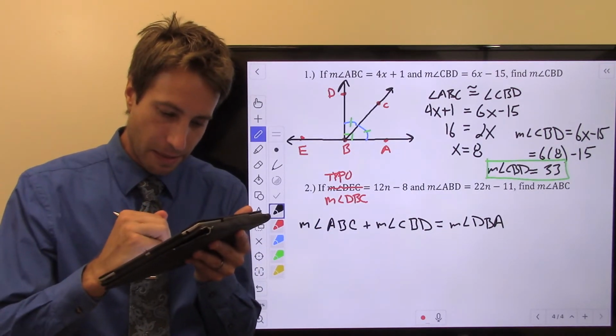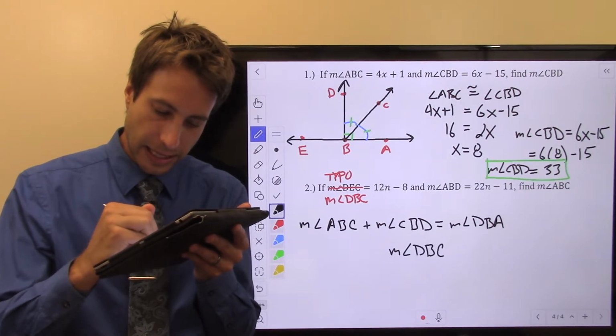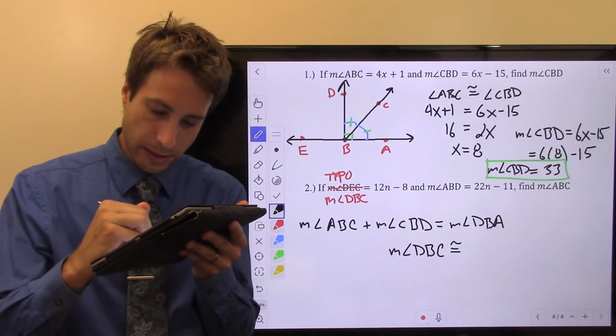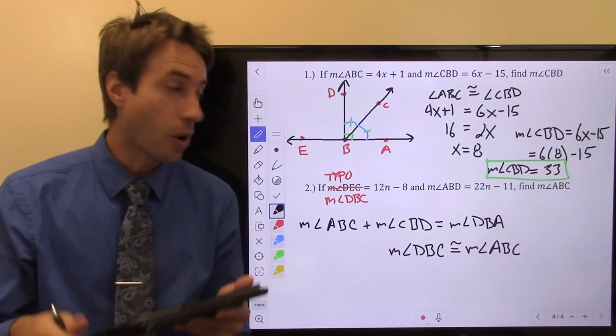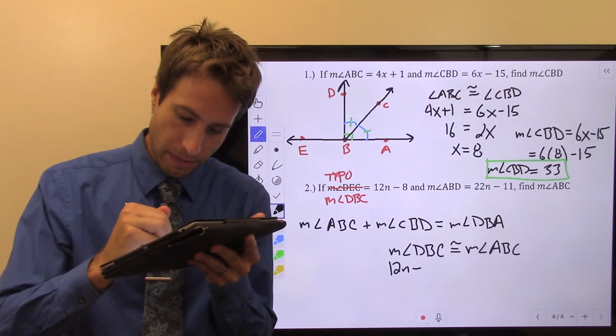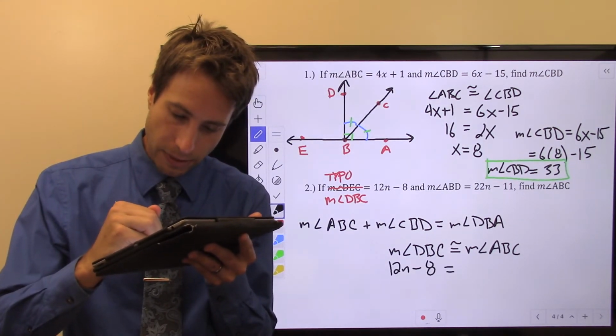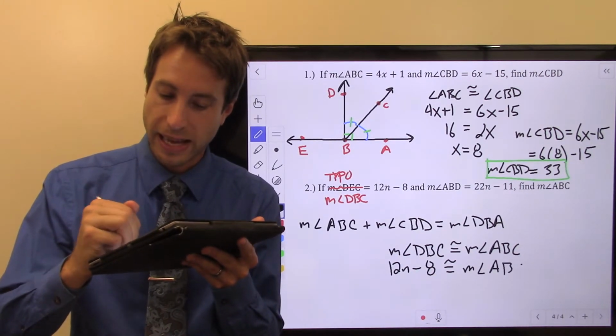I've got the measure of angle DBC is congruent to the measure of angle ABC, which is the one that I want. And I'm told what it is. It's 12n minus 8 has to be congruent to the measure of the angle that I'm looking for.